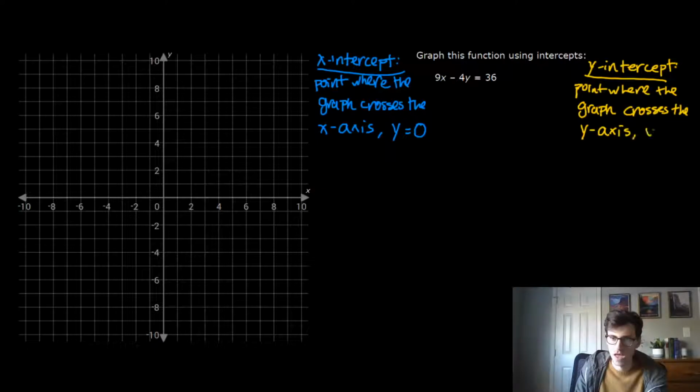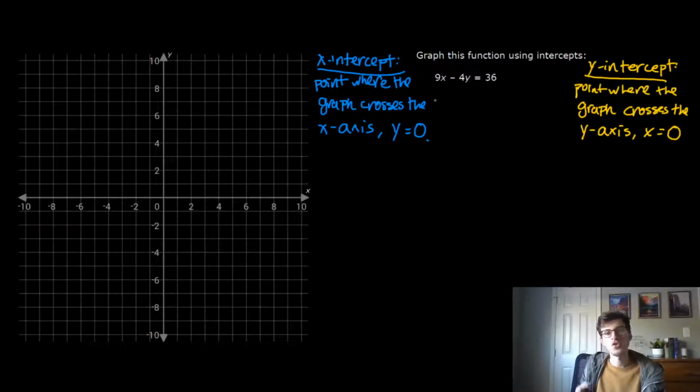It's the point where x equals 0. Okay, it's the point that's along my y-axis. Wherever the graph crosses the y-axis, that's my y-intercept. So the x-intercept is when y is 0, and the y-intercept is when x is 0.